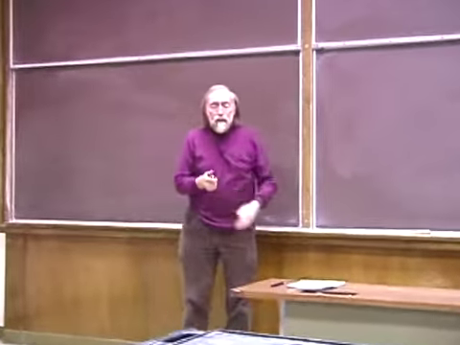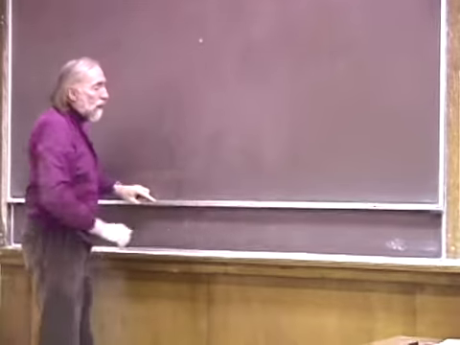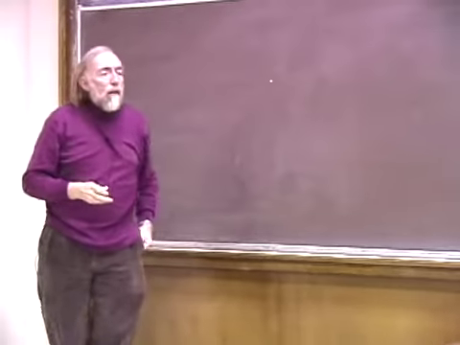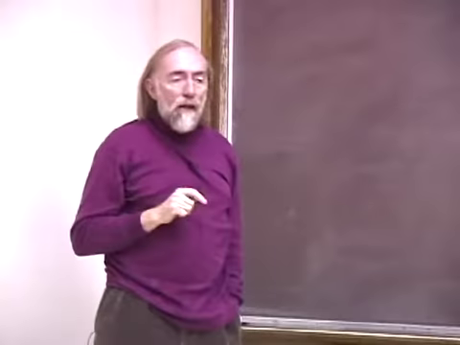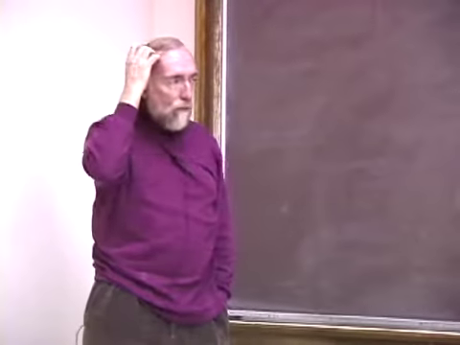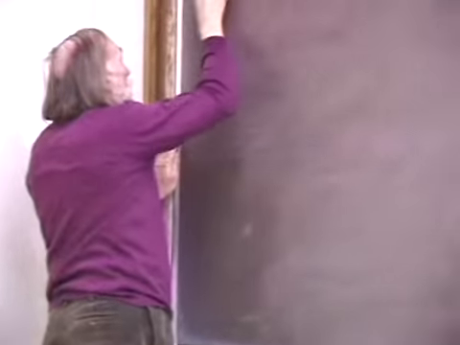Okay, in the remaining time, I'd like to talk about another technique for searching for gravitational waves, which, like the Doppler tracking of spacecraft, is a technique that has been under development and in use for a number of years. This is the technique of pulsar timing.